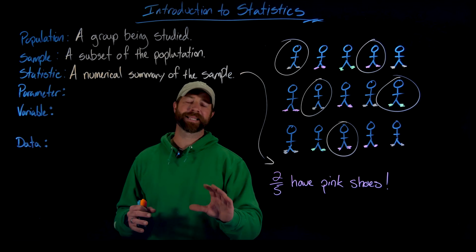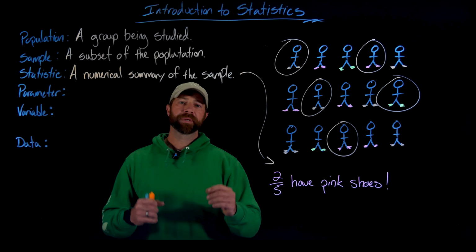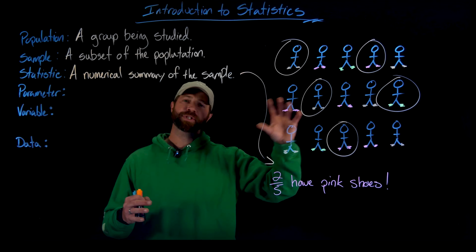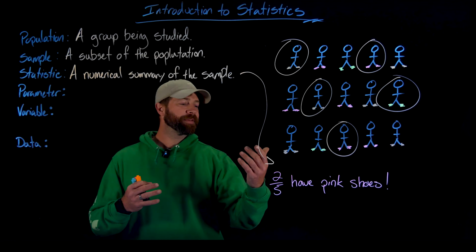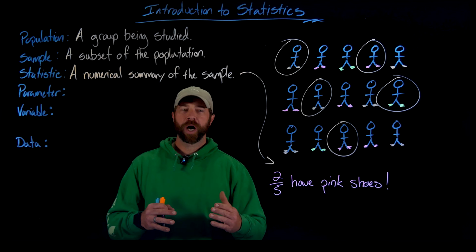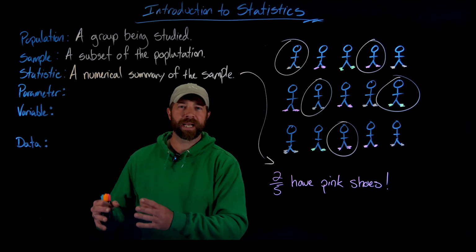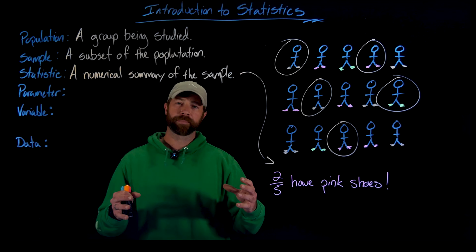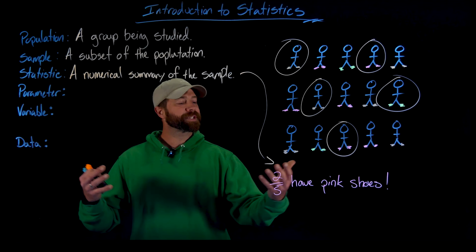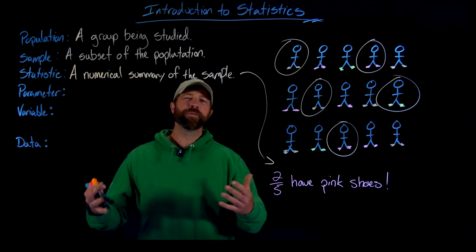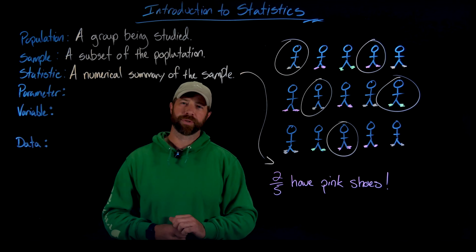We won't get into that in this video quite yet, but the idea would be I've sampled 5 individuals from this greater population. I have that 2/5 of them have pink shoes. If I had made a good choice about my sample size, about my selection of that sample, that subset of the bigger population, then I could say something like, I think about 2/5 of the bigger population are wearing pink shoes.